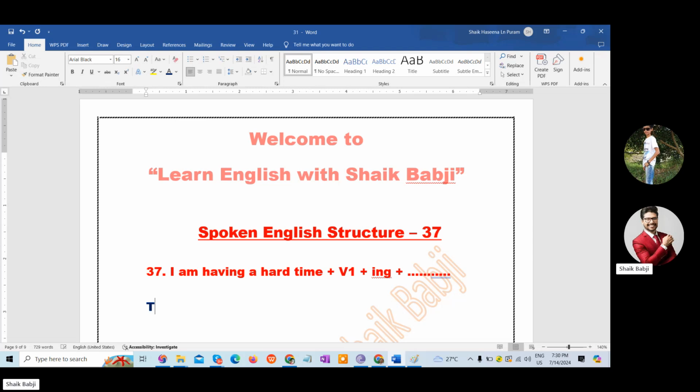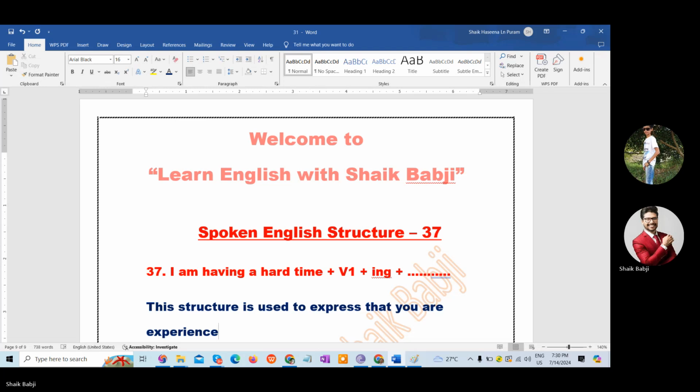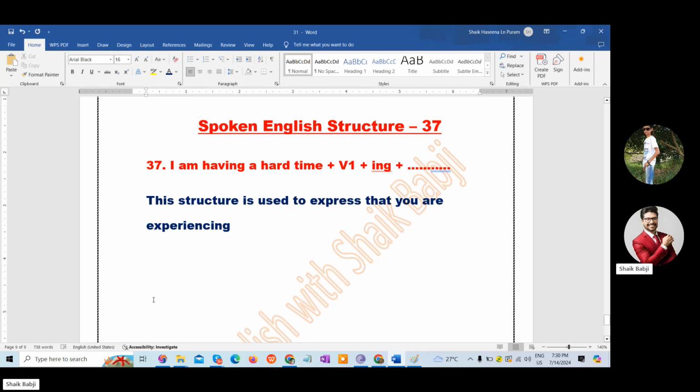The usage of this structure is this. This structure is used to express that you are experiencing difficulty or struggling with an ongoing action or activity.